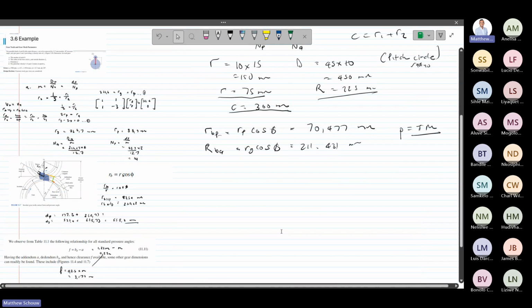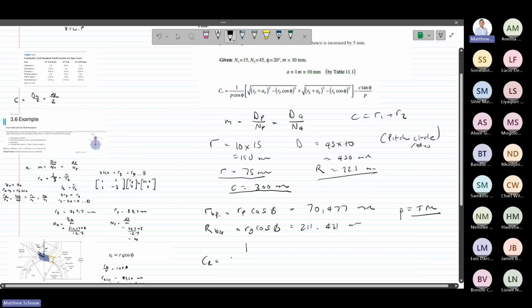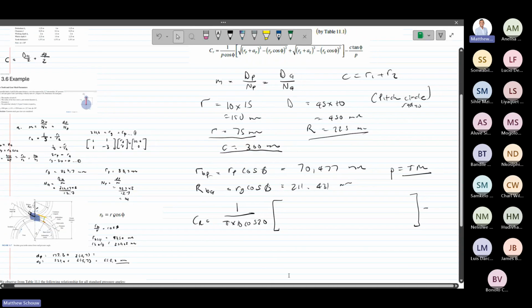So let's quickly compute the contact ratio. The contact ratio will be 1 divided by pi times m. m is given as 10, right? Cos 20 degrees. Open the big bracket. And I'd recommend you do this piece by piece. I'll say minus 300.